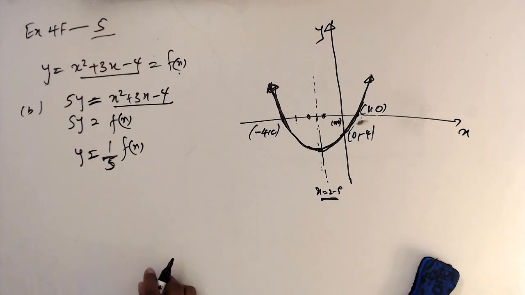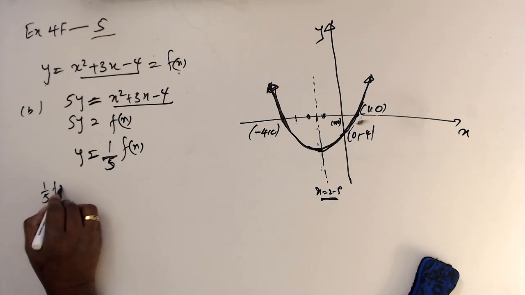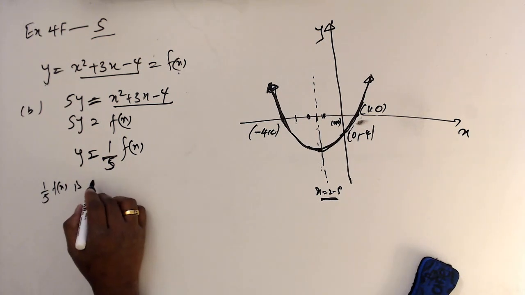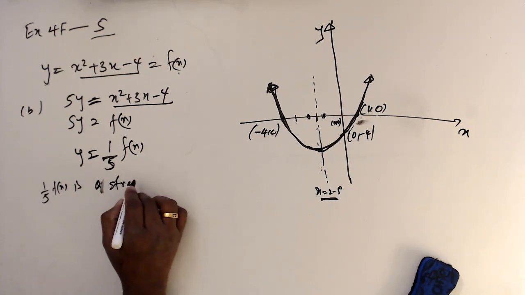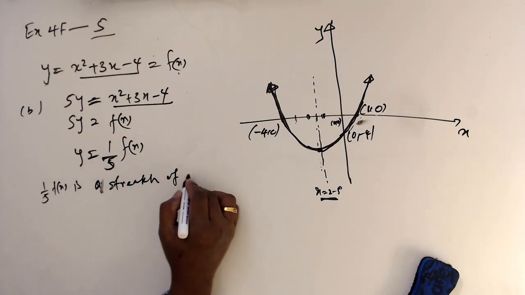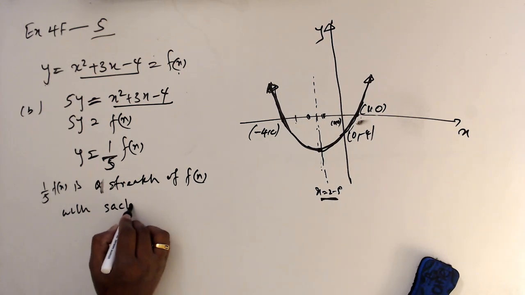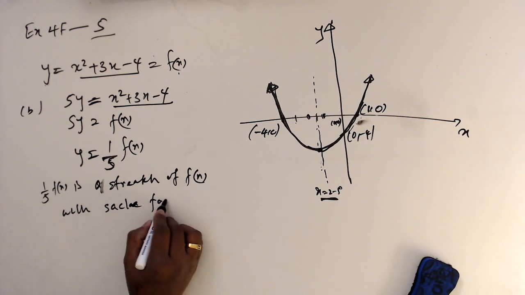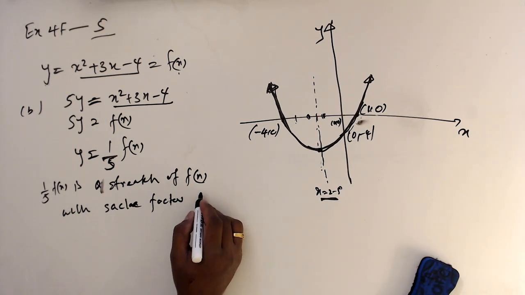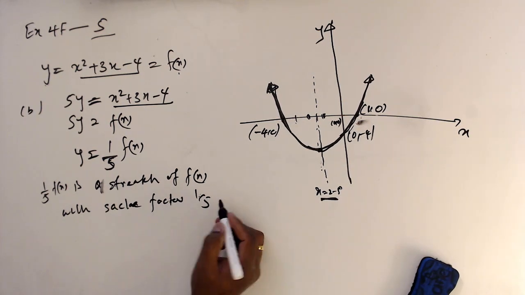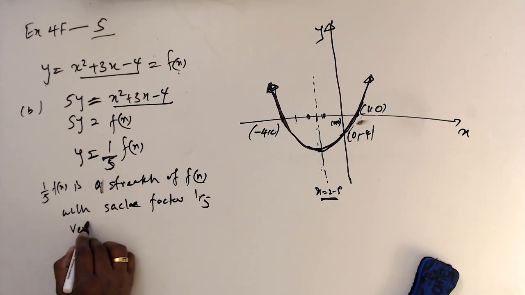So now you can write that 1/5 times f(x) is a stretch of f(x) with scale factor 1 over 5 vertically.